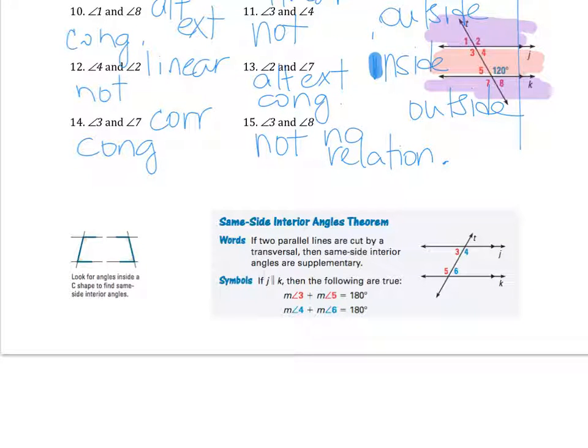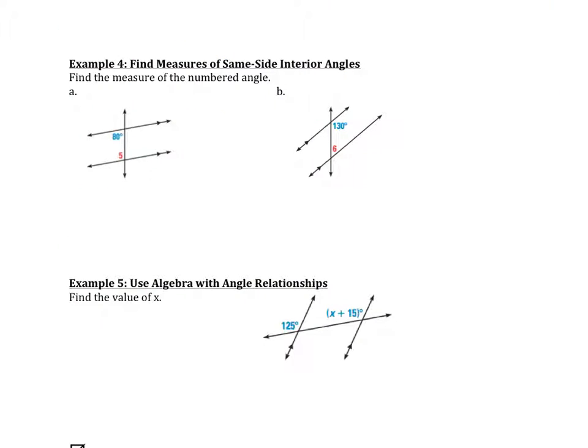Next one are the same side interior. So on the same side of the transversal, inside, and they are supplementary. Okay, so look for the letter C. Here we have the letter C. So they are same side interior.